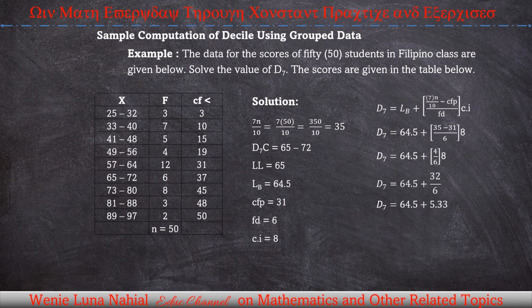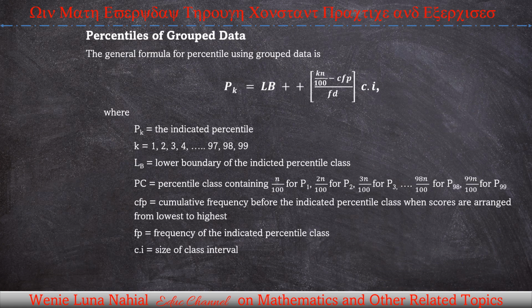Okay, so you have 69.83. So this means that 70% of the scores of the students are less than 69.83. For the percentiles of group data, this is what I said.